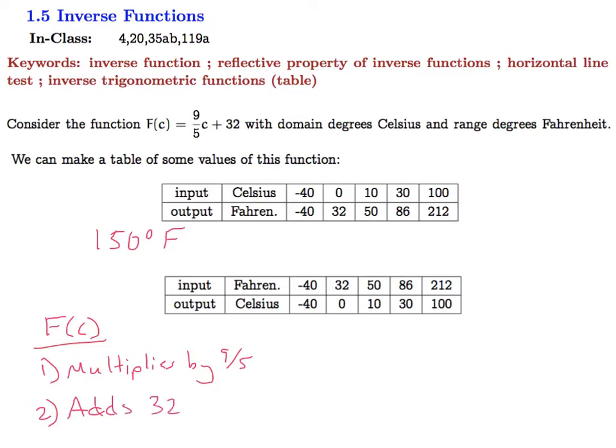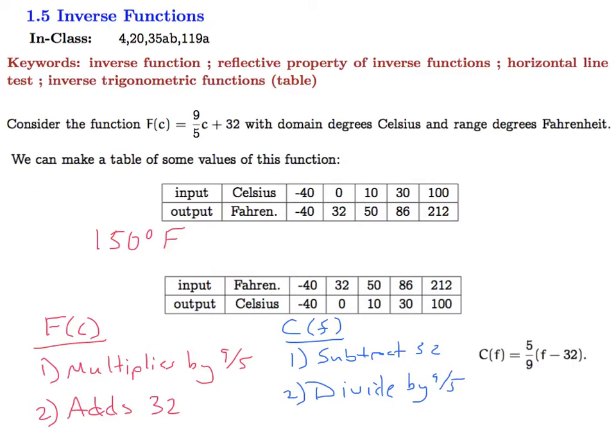So if we want to reverse this process, we want a function C that takes in a Fahrenheit temperature and does everything in reverse. First, we want it to subtract 32, and then we want it to divide by 9/5.